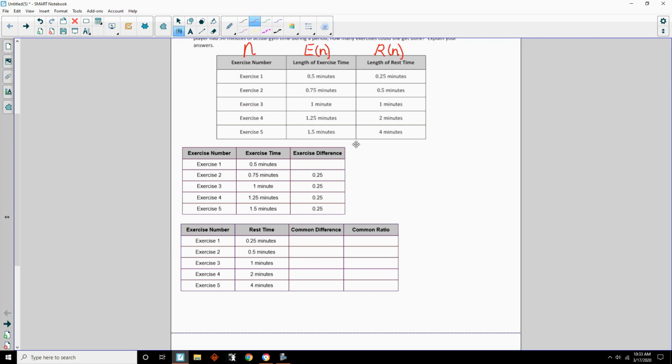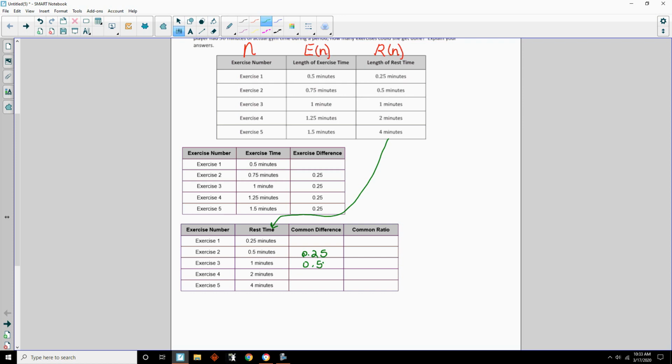What I did was take this column here and move it to right here. So there's my rest times. So the common difference now, 0.5 minus 0.25 is 0.25. 1 minus 0.5 is 0.5.